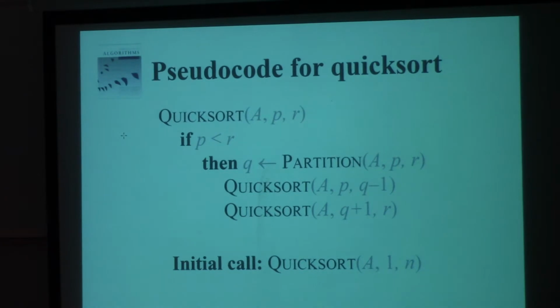So this is pseudocode for quicksort. Basically it looks like this. Quicksort of the array A from P to R, where P and R are the indexes. If P is less than R, what does that mean? How many elements do I have?